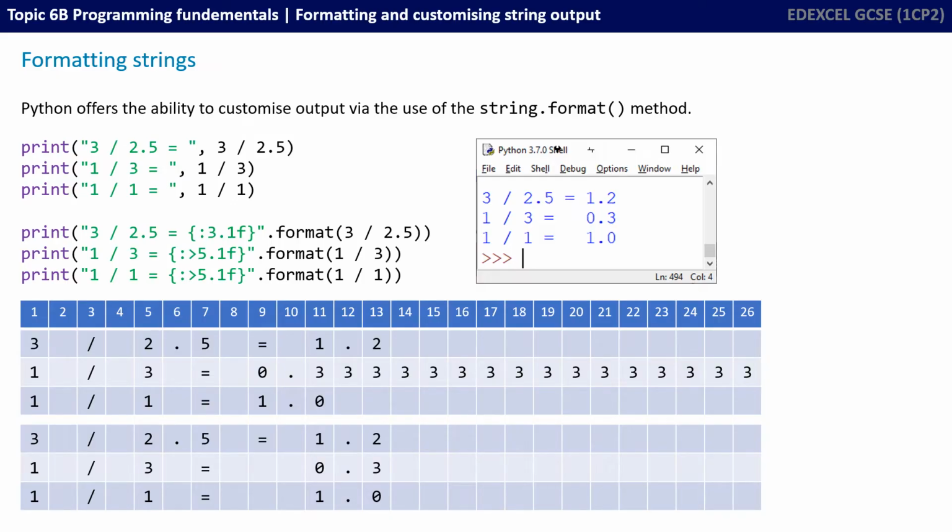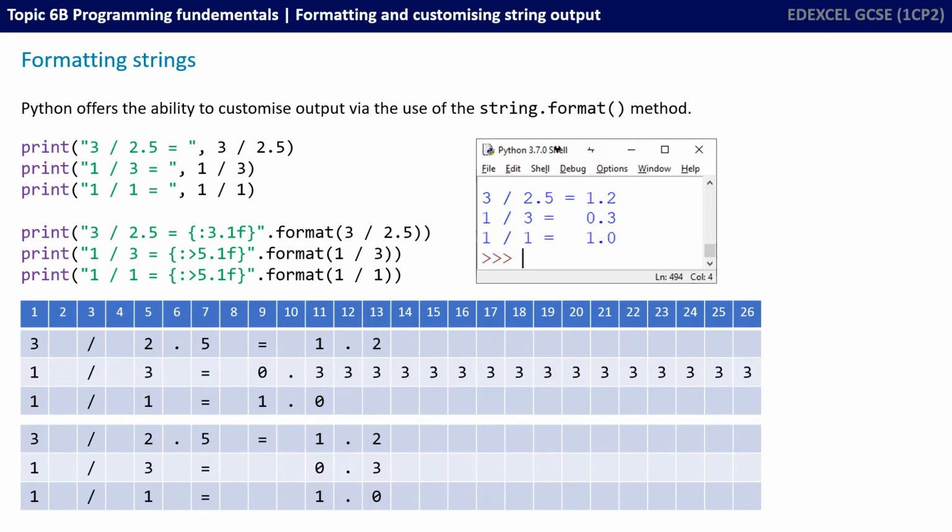So the previous three lines of print text that you see above in Python would now look as follows. You'll notice that we've written everything out in the form of the string. So we've still got the 3 divided by 2.5 equals, but then in the space where we want the output, we specify this formatting method.